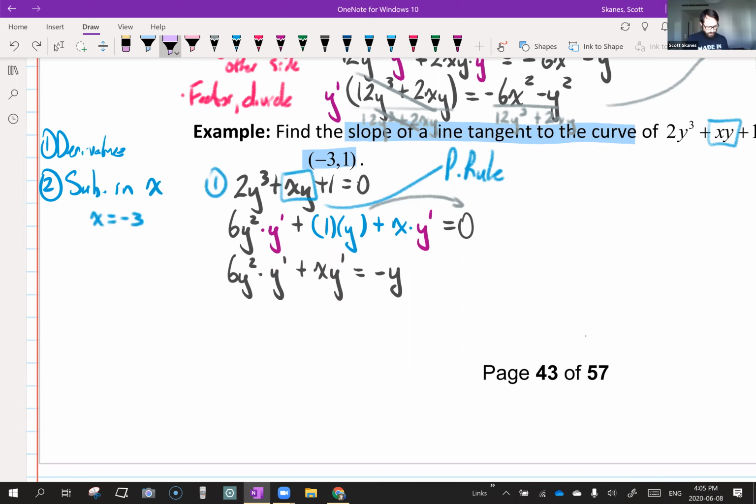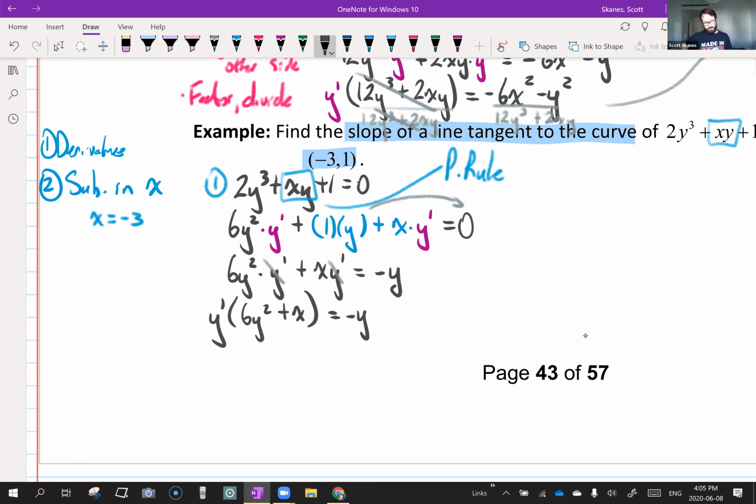When I factor out the y prime, it's just a variable. Like if you had a common x, I know you don't have trouble factoring it. So factor it like a regular variable. Pretend it was a regular letter, like an a. So this is y prime. It will get rid of this. So I end up with 6y squared, and then I factor this y prime out, which will essentially cancel it because I've divided it out, leaves the x, equals negative y.